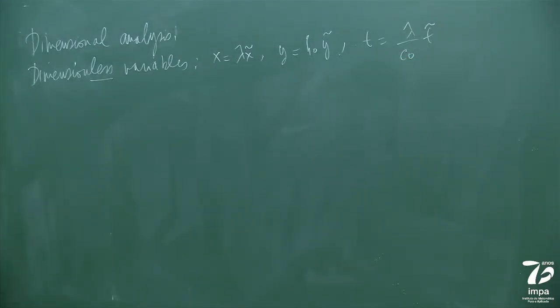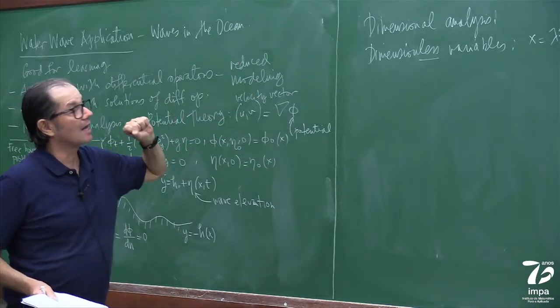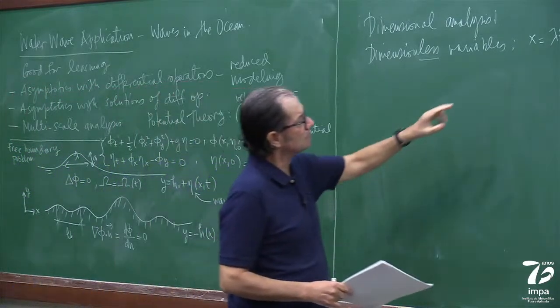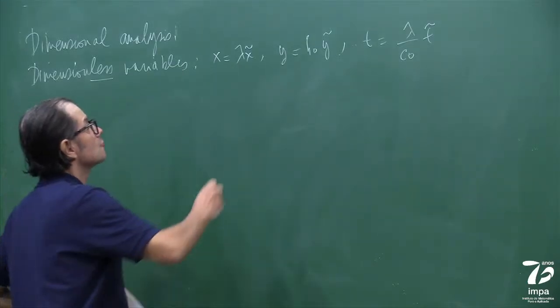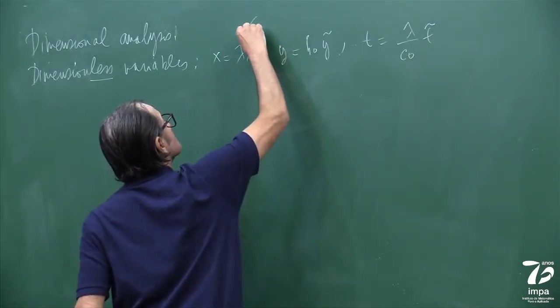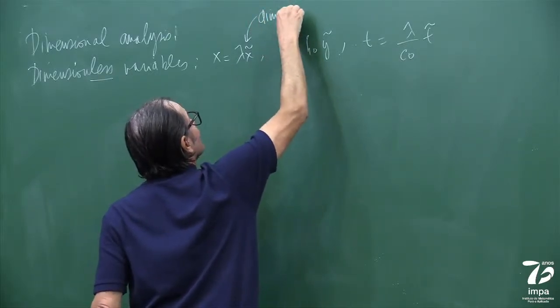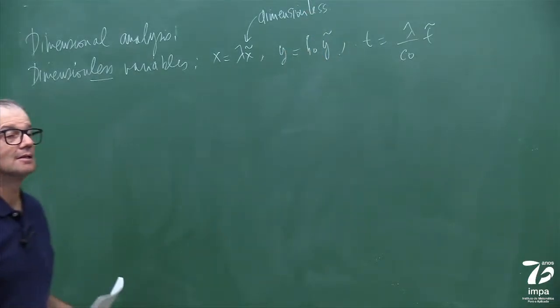These are the independent variables. And then I'm going to dimensionalize the dependent variables. So X is going to be scaled. So this one, the tilde one, are dimensionless.